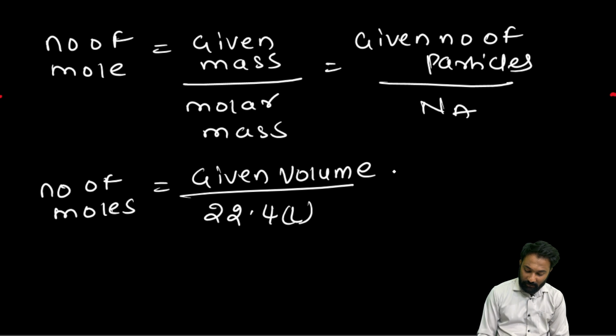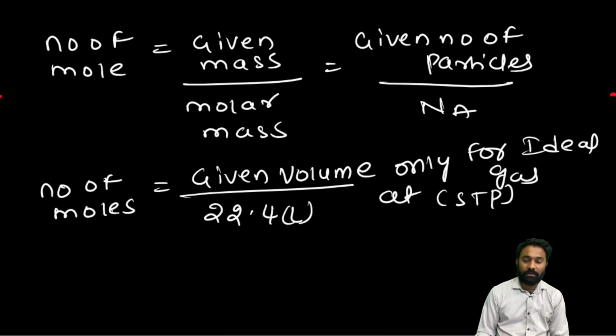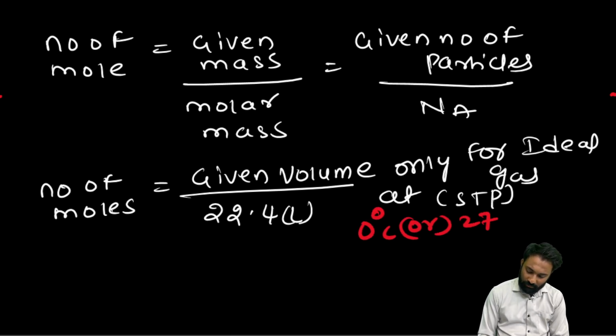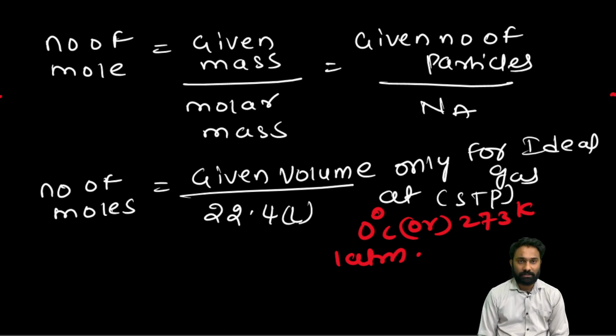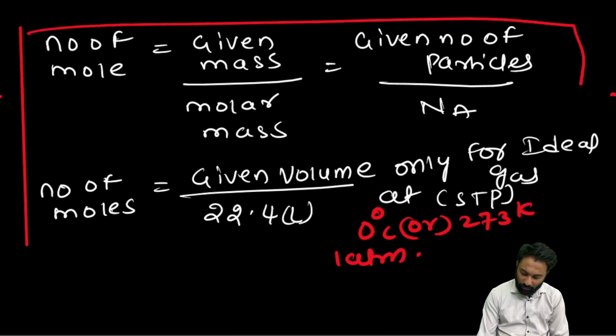This is applicable only for an ideal gas at STP. Sir, what is STP? STP means 0 degrees Celsius or 273 Kelvin, and 1 atm pressure. Clear? These are the number of moles formulas we have to remember.